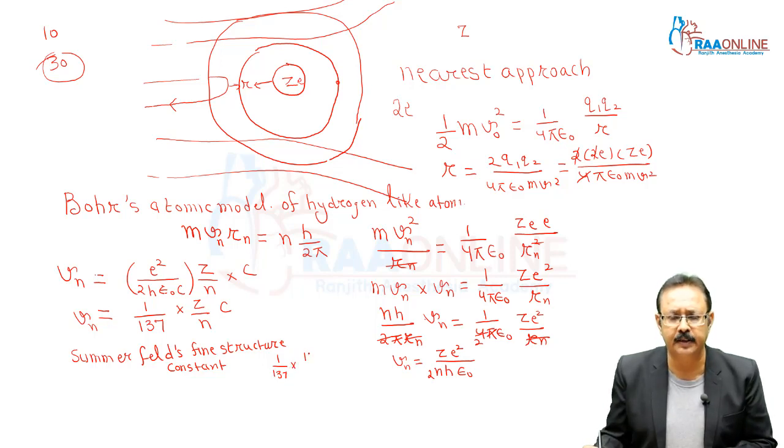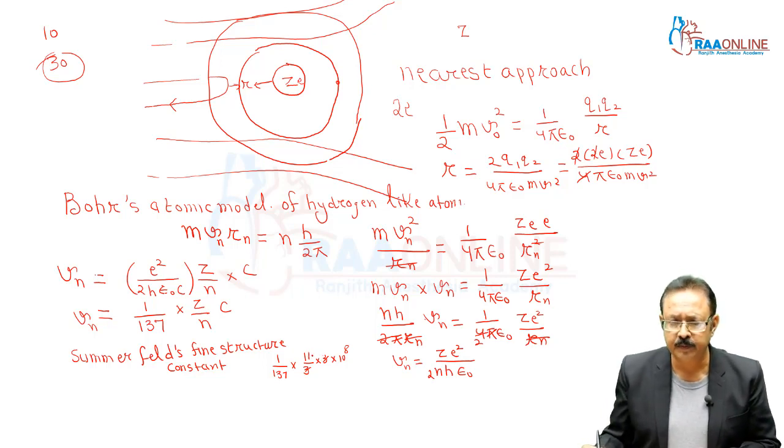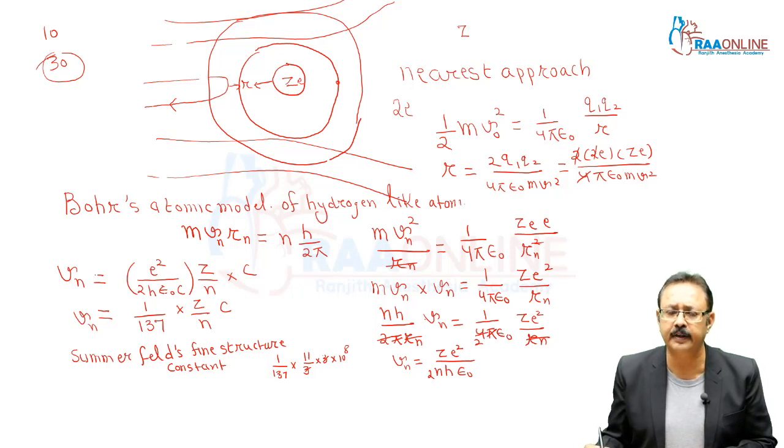Sodium Z is 11, third orbit n is 3, and the speed of light is 3 into 10 to the power 8. Take the zeros, and you get 1100 divided by 137 into 10 to the power 6 meter per second. You will get the speed of the electron.